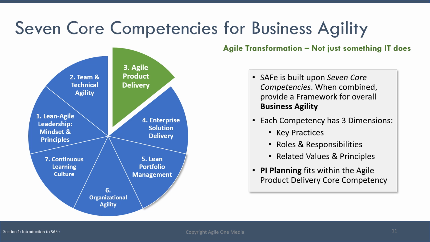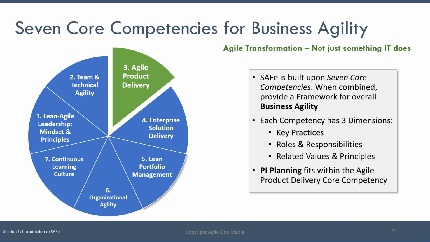They provide the necessary knowledge, practices, principles, and mindset needed for the adoption of SAFe. Each core competency has 3 dimensions: key practices needed to support the competency, roles and responsibilities within that competency, and related values and principles. Here's a quick summary of each competency.